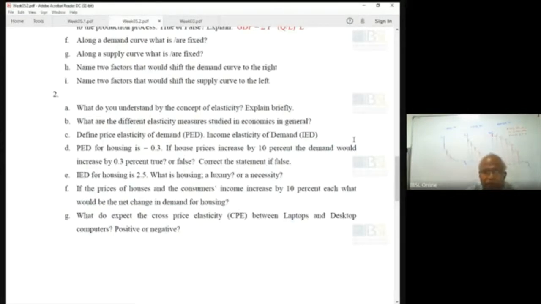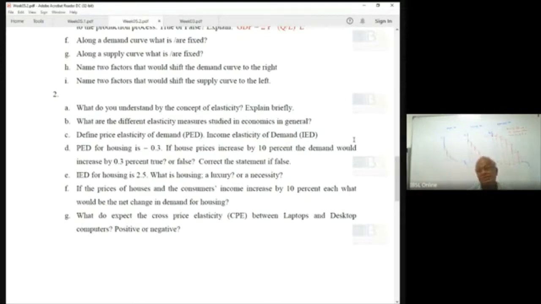Right. Now questions D and E are related, right? Put some brackets. No, D, E and F. To answer question F, you need information from D and E. Price elasticity PD for housing is minus 0.3.